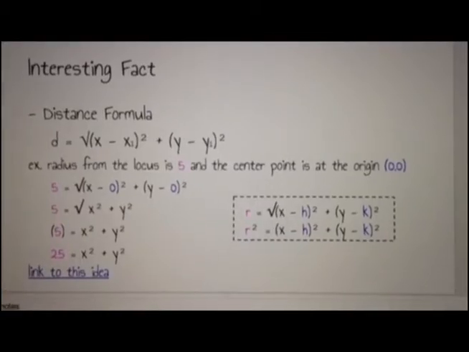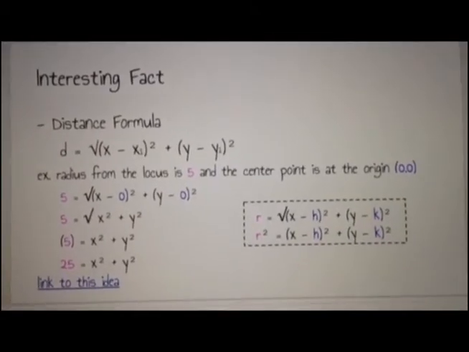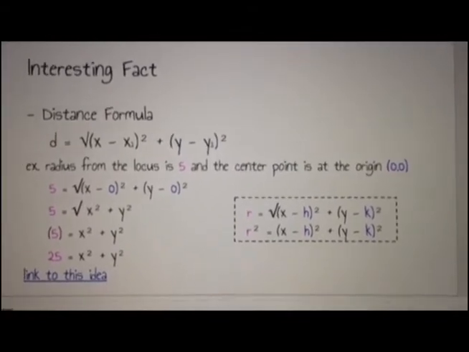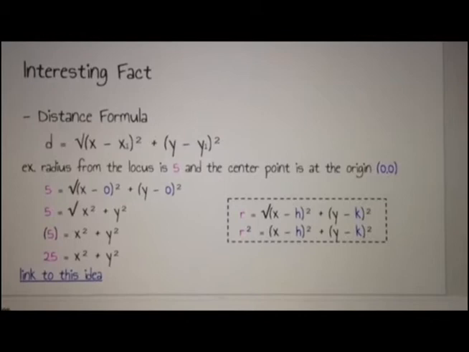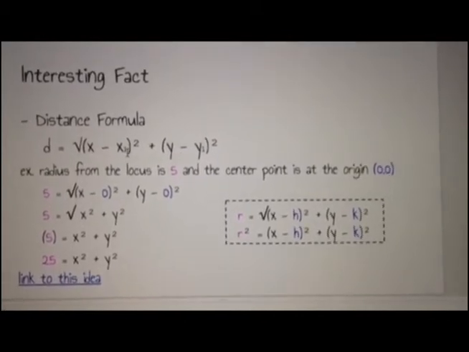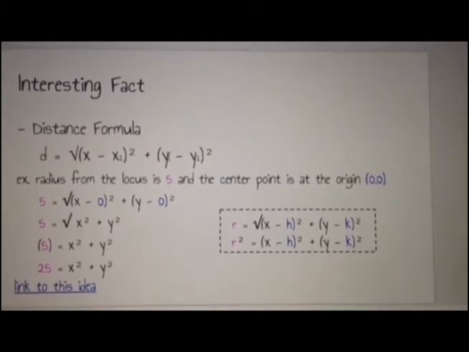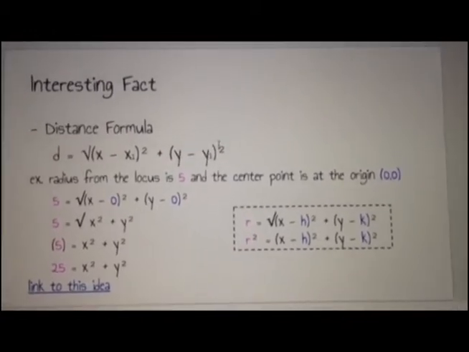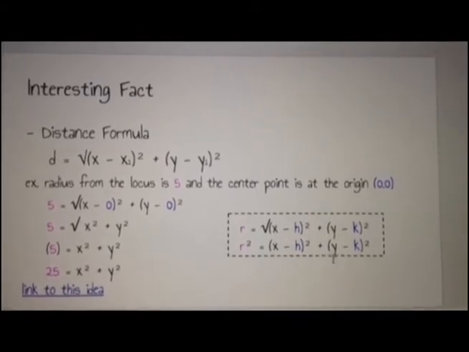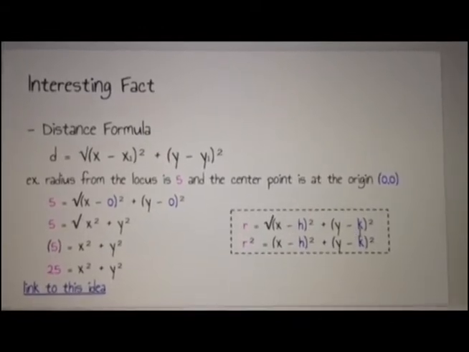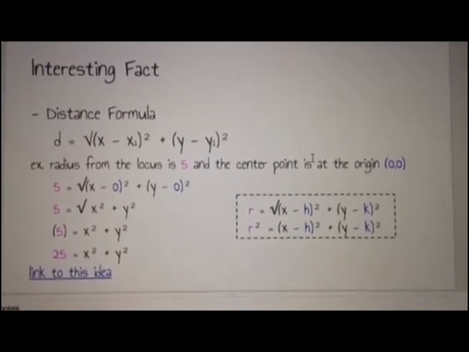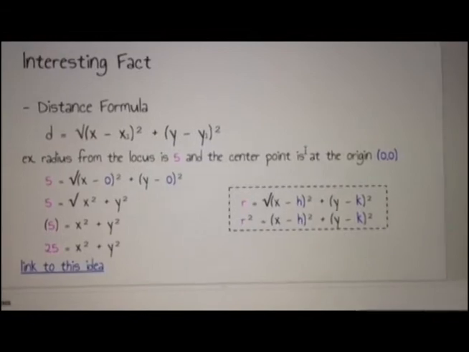Hi guys, so this is like the distance formula, which we learned a few years ago, and the distance can be found by the square root of (x minus x sub 1, or h) squared plus (y minus y sub 1, or k) squared. Here the h and the k are the x and y coordinates of the locus point, or the center.